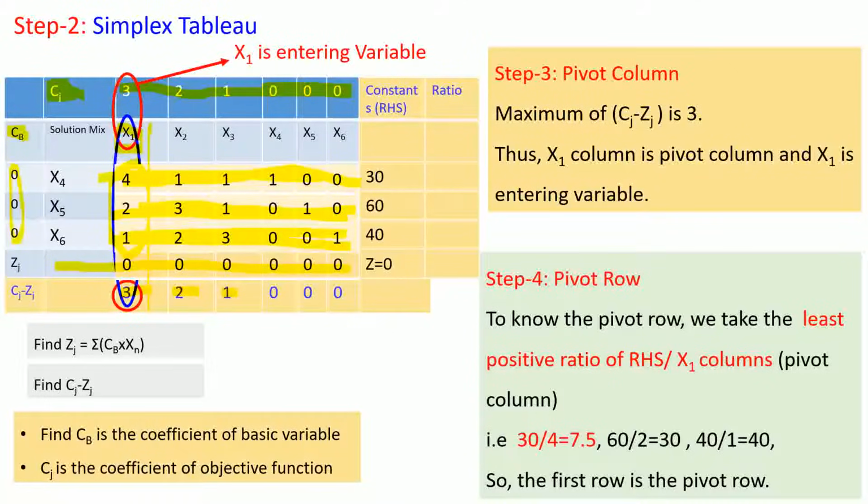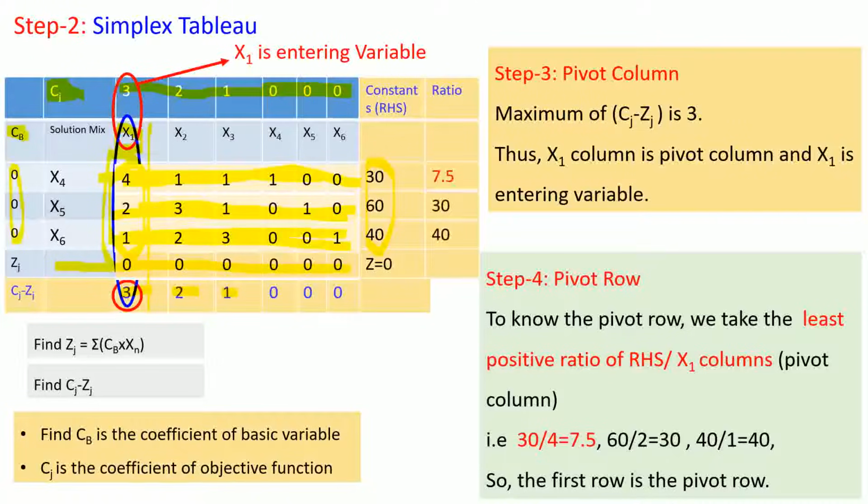To know the pivot row, we take the least positive ratio of the right hand side divided by the pivot column, the X1 column. We have to divide the right hand side values by the pivot column values to determine the least positive ratio.